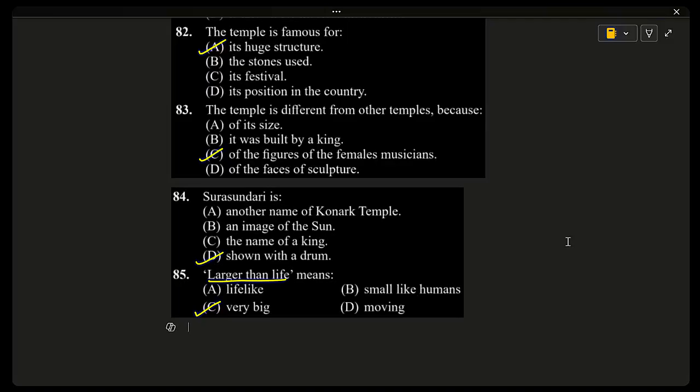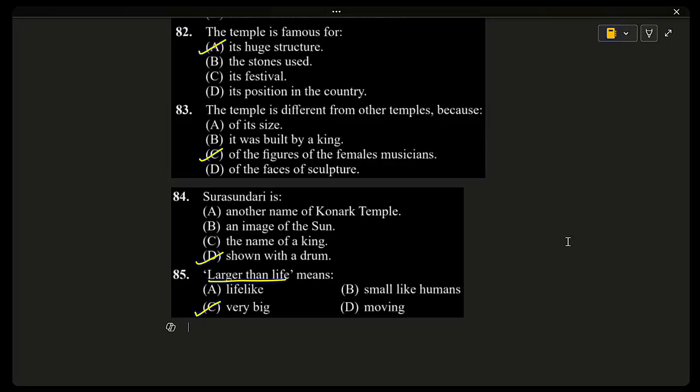Sir, larger than life means. Larger than life means bigger than the normal things. For example, have you watched the Bahubali movie? Yes, sir. The hero is climbing a mountain, right? Yes, sir. Is it really possible in real life, those stunts and everything? No, sir. Sir, lifelike also. No, lifelike means it is having life.